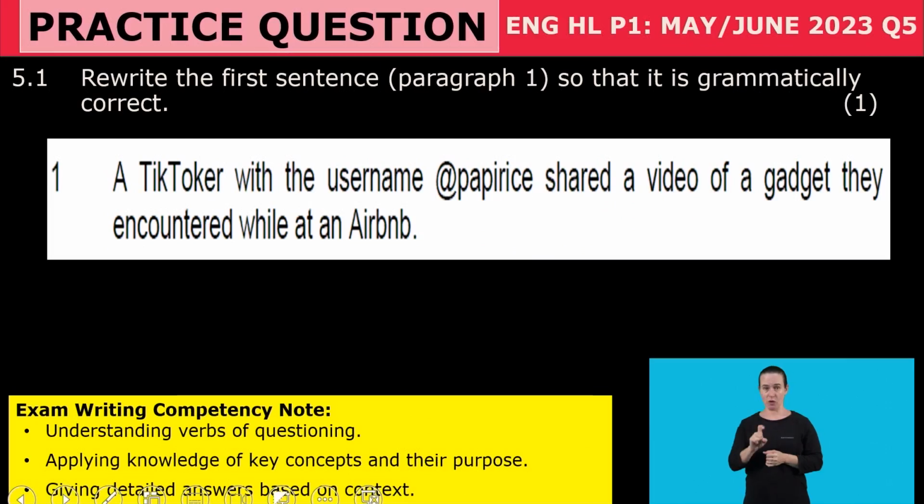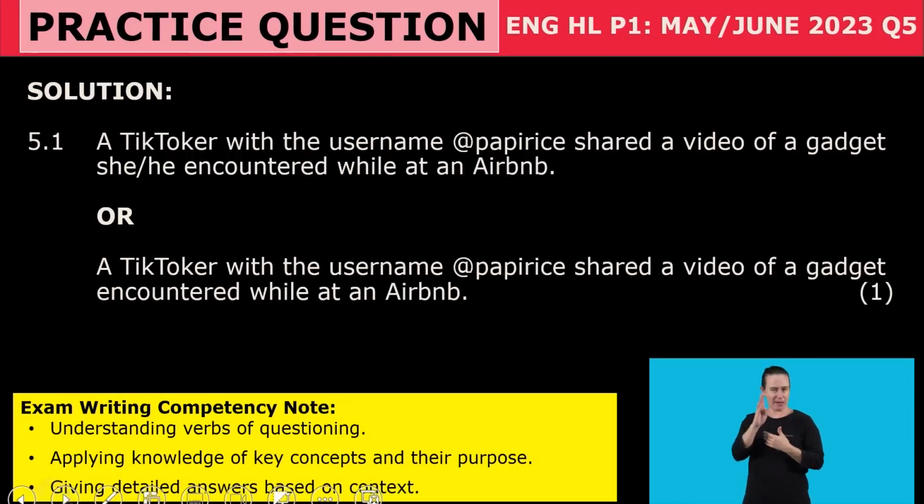Since this is language, we don't need to have a full understanding of the text to be able to answer these questions. Question 5.1. Rewrite the first sentence of paragraph 1 so that it is grammatically correct. We're looking at the first sentence. A TikToker with a username Papyrus shared a video of a gadget they encountered while at an Airbnb.